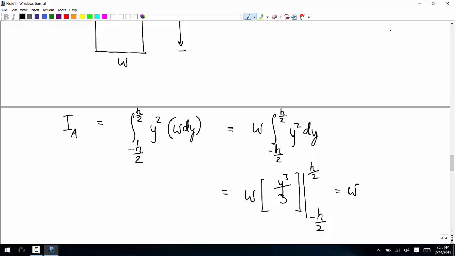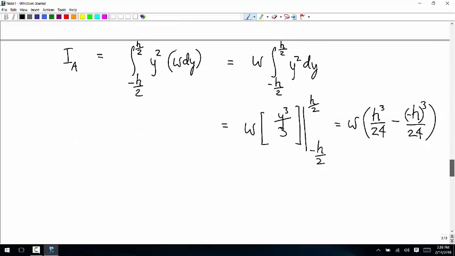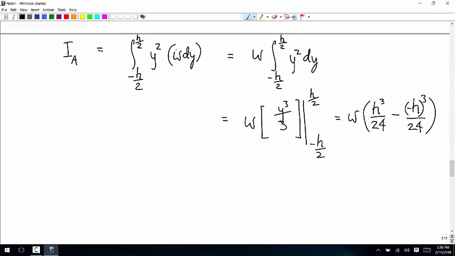And that is w times h cubed over 24 minus negative h cubed over 24. And so we get w h cubed over 12.